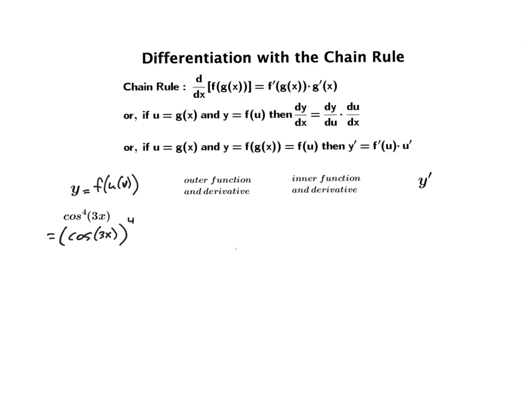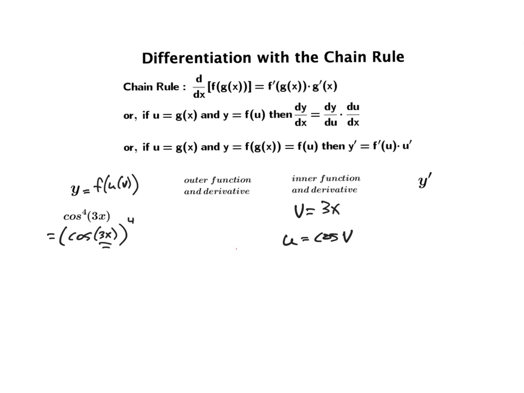then we can say that our most inner function, v, is 3x. Our next inner function, u of v, is cosine of v.